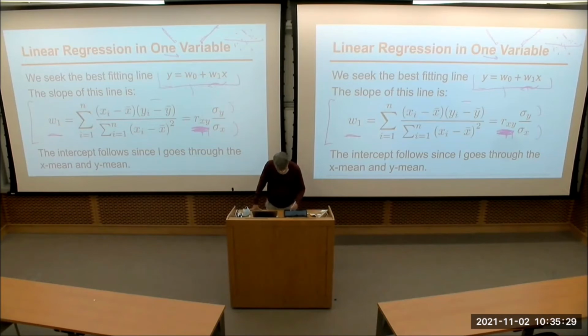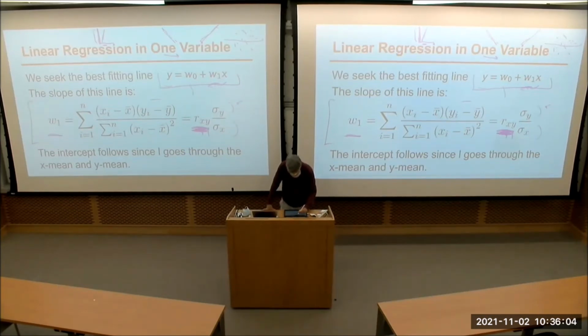The scaling of the actual slope, though, depends upon the relative variance of these things. If the y values were measured in a very small unit, like millimeters, you could imagine a world where the range of possible y values is large and the range of possible x values is small. That's going to change the slope of the line.